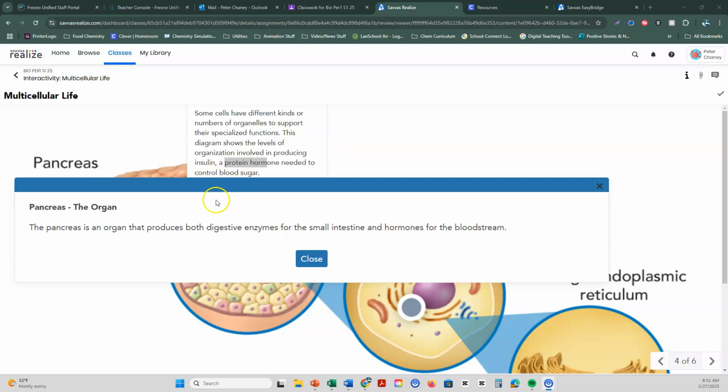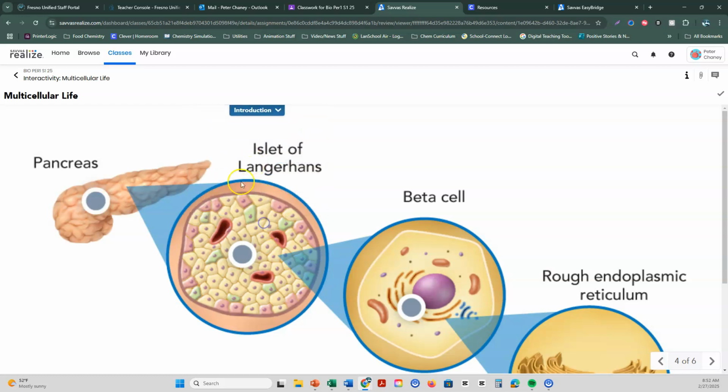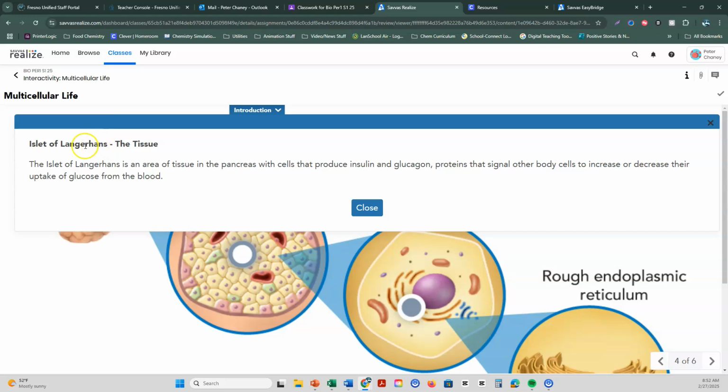Clicking on the first one, we've got the organ. The pancreas is an organ that produces both digestive enzymes for the small intestine and hormones for the bloodstream. We click to the next level, and so we're going from more complex to least complex now. We did the organ first, now we have the tissue: the islet of Langerhans.